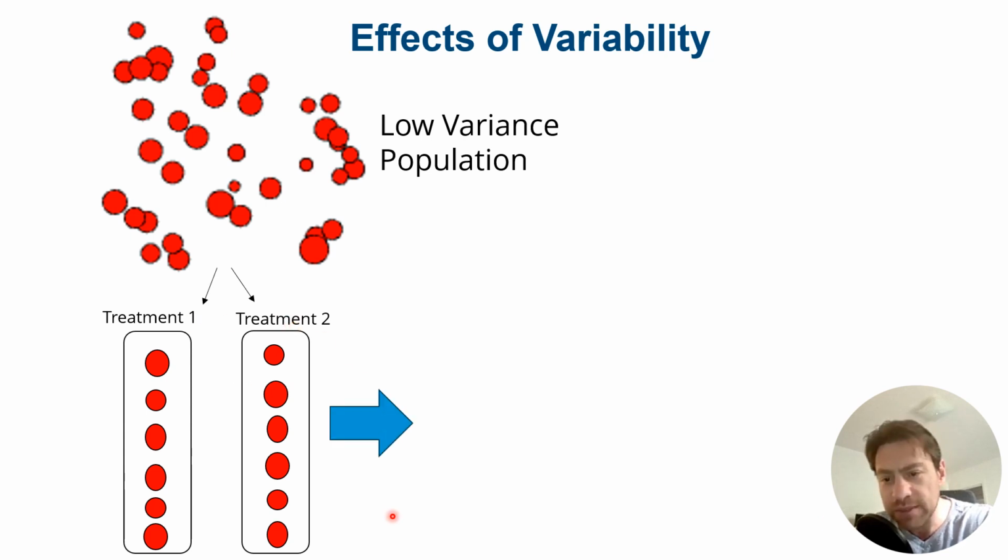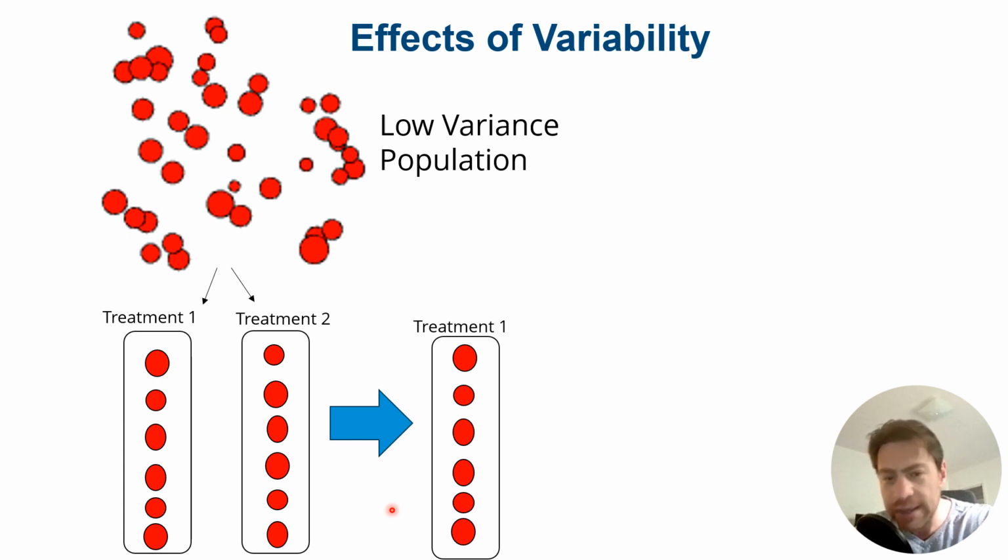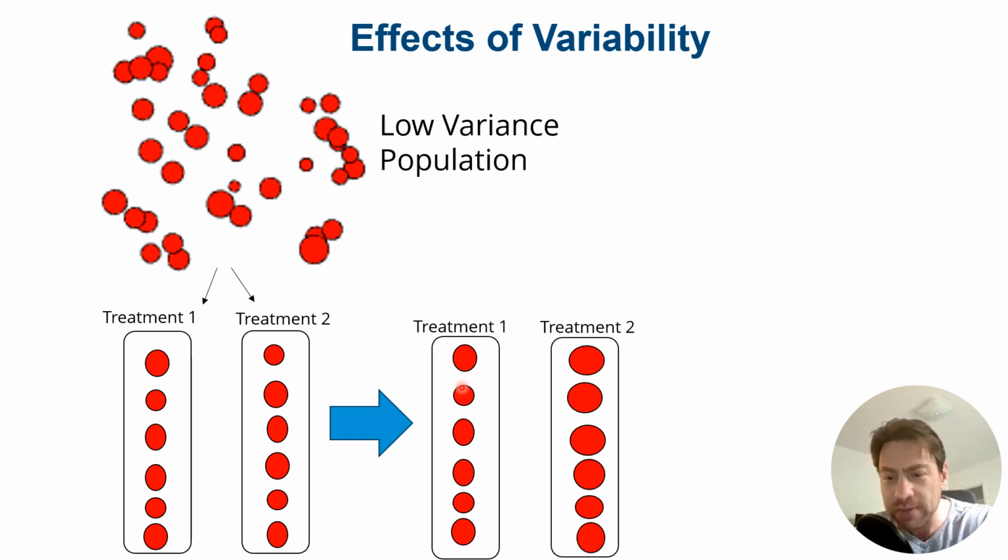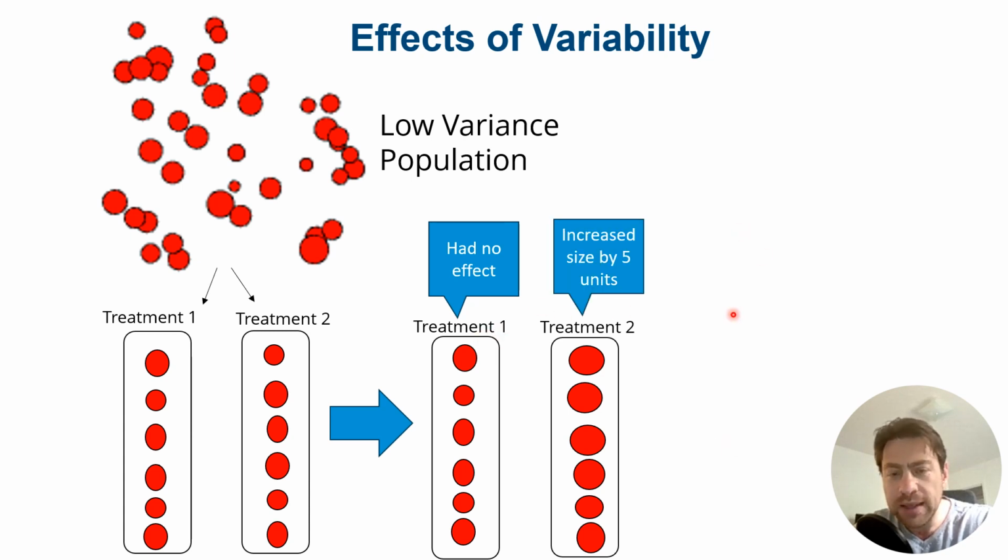So you run your experiment and you collect your data, and this is what treatment 1 looks like after the drug. And here's what treatment 2 looks like after the other drug. And suppose you find that treatment 1 had no effect, and treatment 2 increased the size by approximately 5 units. Now, before doing any stats, before worrying about significance or numbers or analysis, just looking at these two data sets visually, you can probably see that there is a difference.